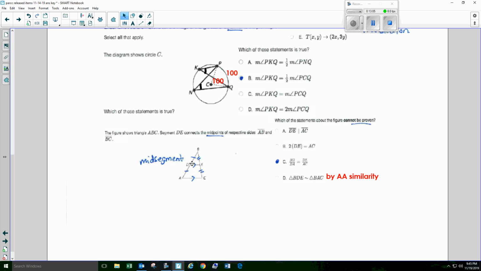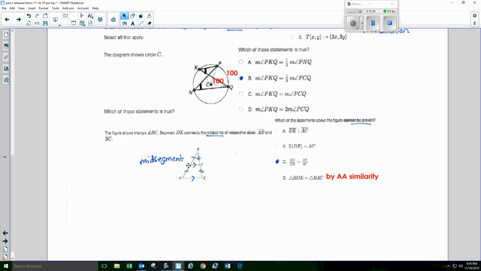Notice this BD over DA. This segment over this segment would have to be BE over EC, the exact same on this side. But what does it say? DE over AC. DE is the entire length of the small one, which is what BD is, but AC is the entire length of the big one.